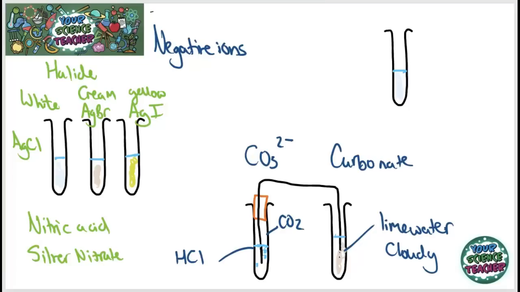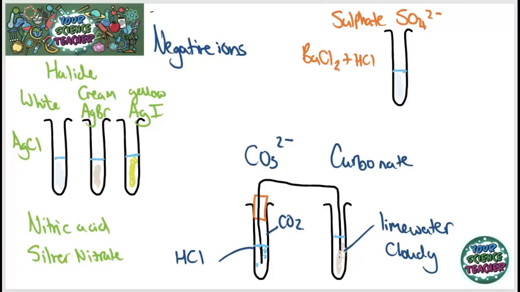The last ion test you need to know is the test for the sulfate ion, which is SO4 2-. Now, what we need to do to test for our sulfate ion is we need to add barium chloride, and we also will catalyze this reaction by adding some hydrochloric acid.